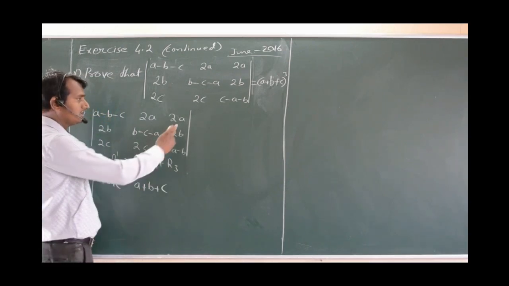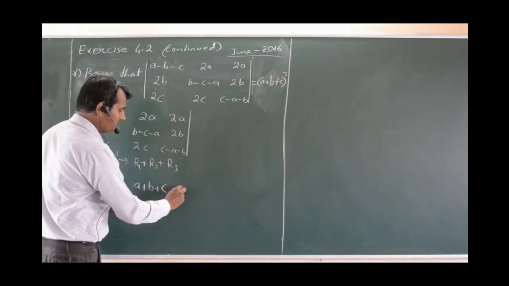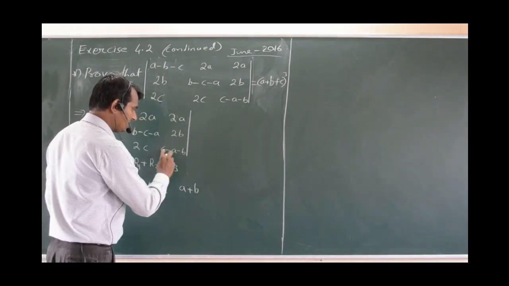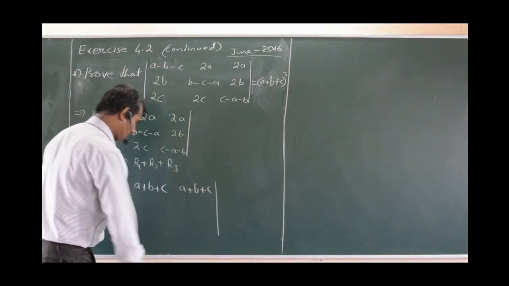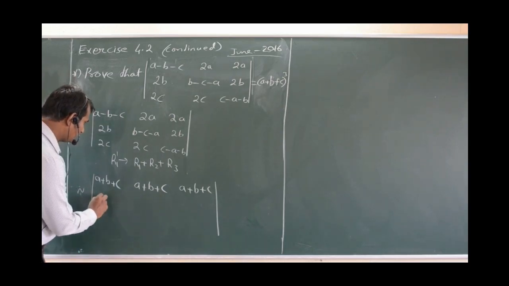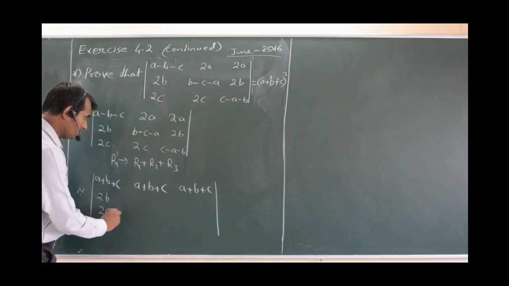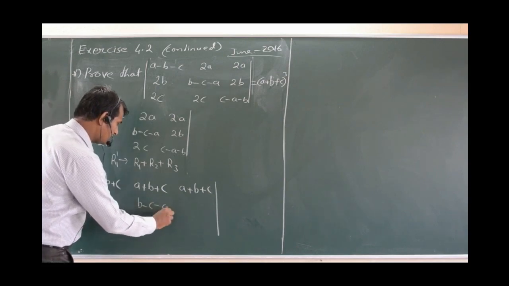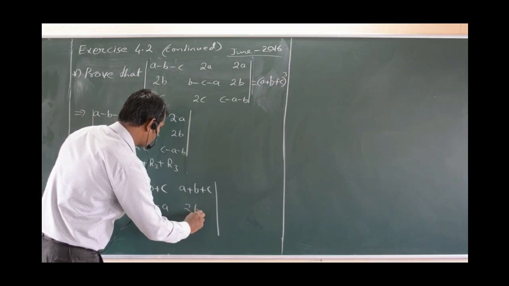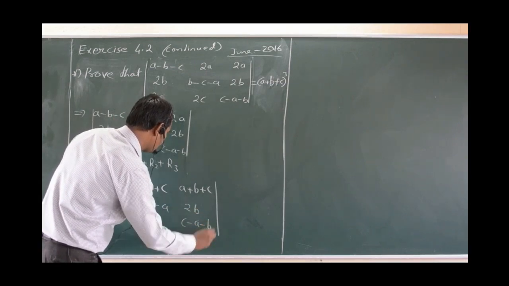In the same manner, 2a minus a gives a, 2b minus b is plus b, and here plus c. The remaining rows I will keep as they are: 2b, b minus c minus a, 2c; and 2b, 2c, c minus a minus b.